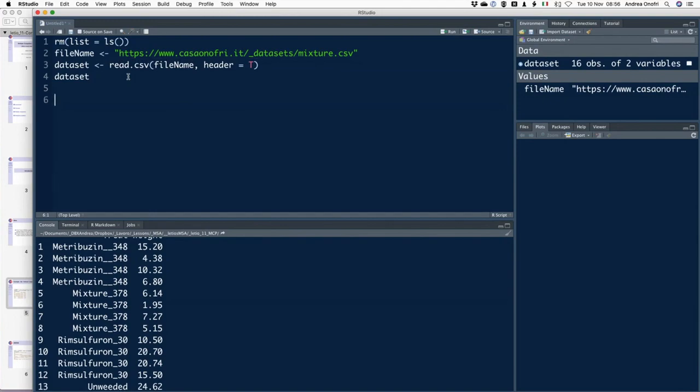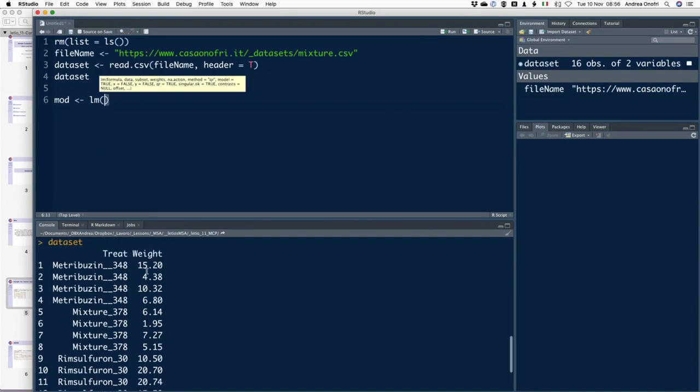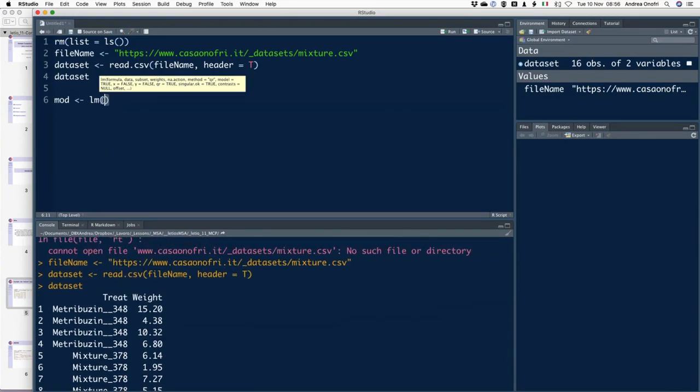So we do the usual exercise and fit the ANOVA model, putting the weight as a function of treatment. First we transform the treatment into a factor.